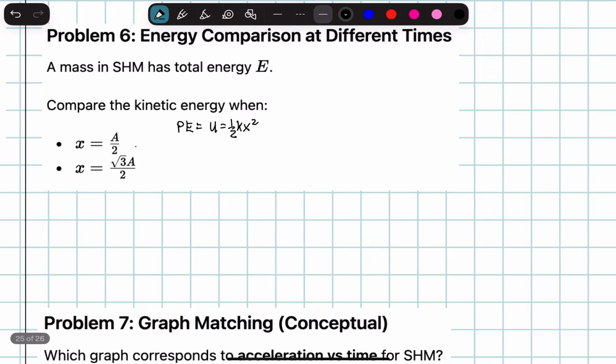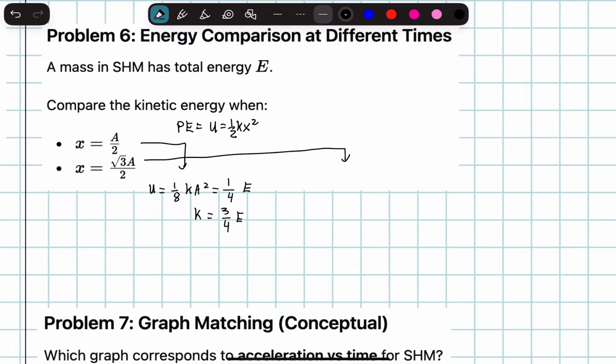So at x is equal to A over 2, this is going to equal 1 over 4 E. So rearranging this, we have k is equal to 3 over 4 E. We have U is equal to 3 over 8 kA squared.